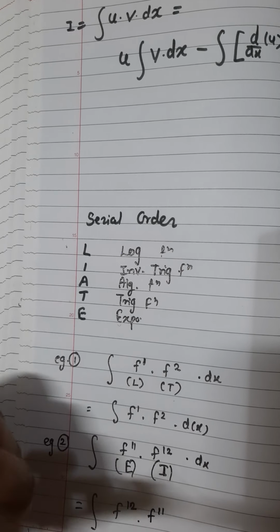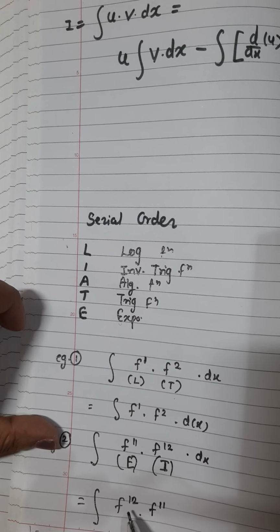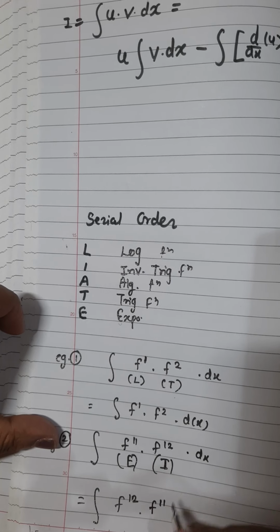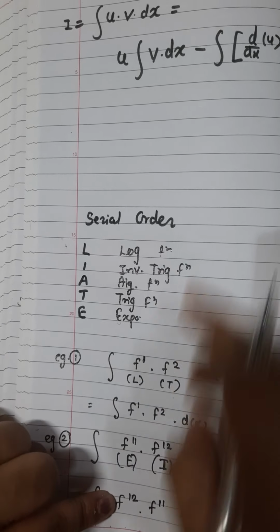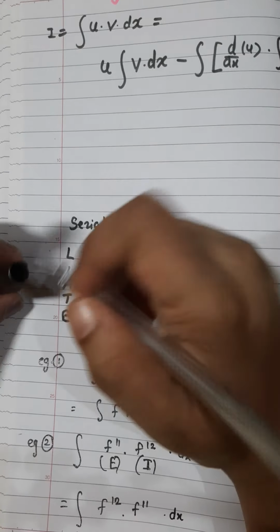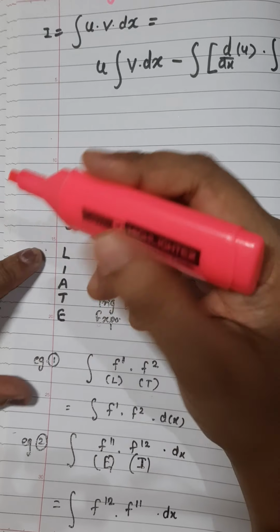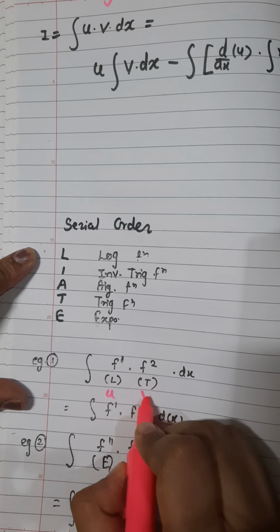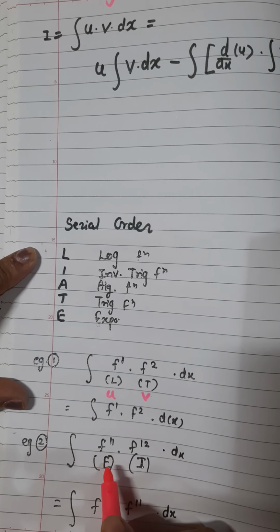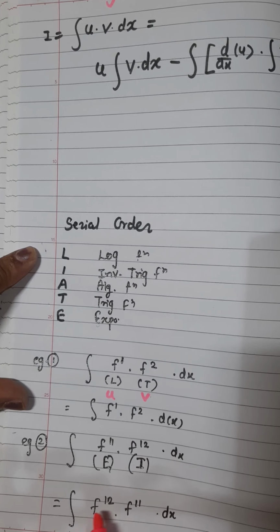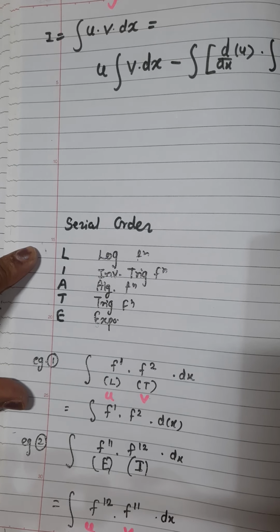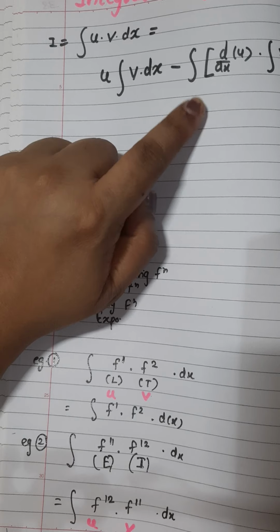So in the second case, we have u as f12 and v as f11. So we have just exchanged them, and then we can apply this formula. Now this acts as u and this acts as v, and then we will apply this formula.